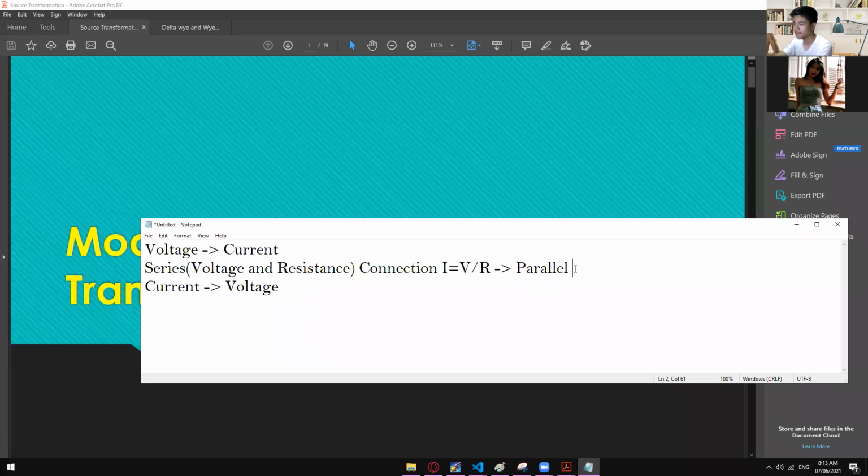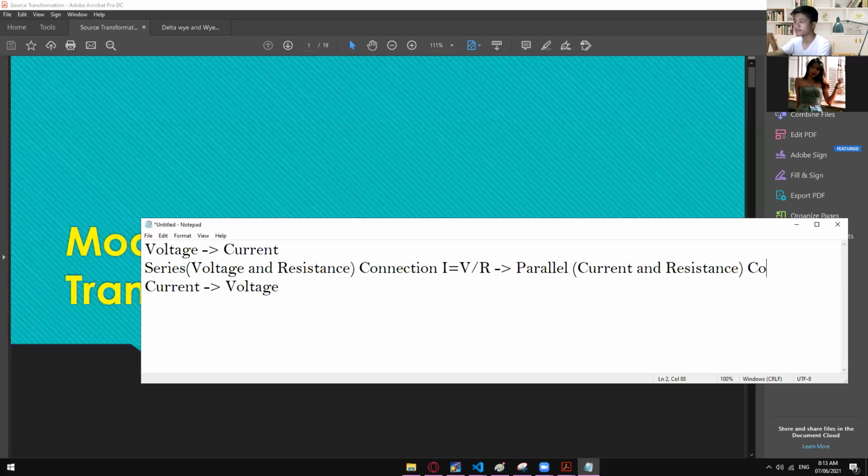Instead of having a series voltage and resistance, we will now have a parallel connection of current and resistance, where V is equal to IR. So it is now the current and resistance which are in parallel with each other.